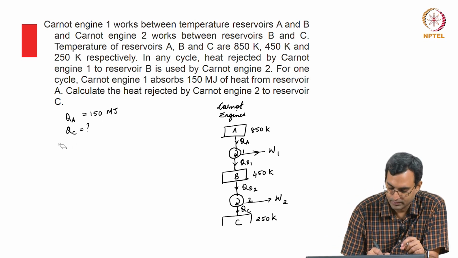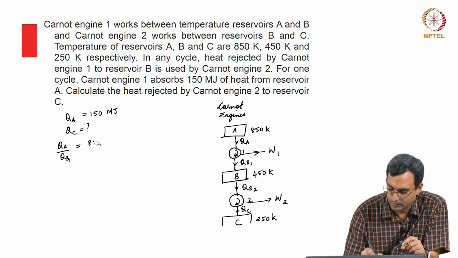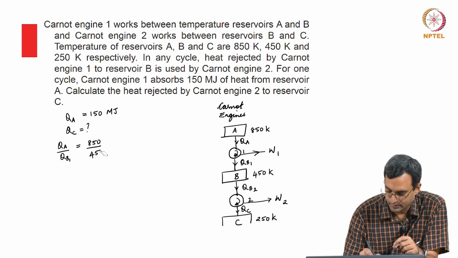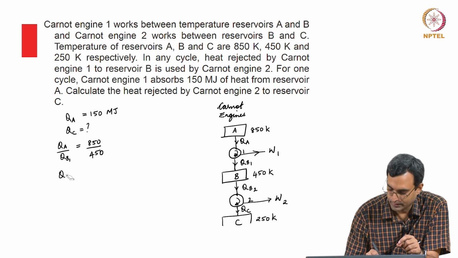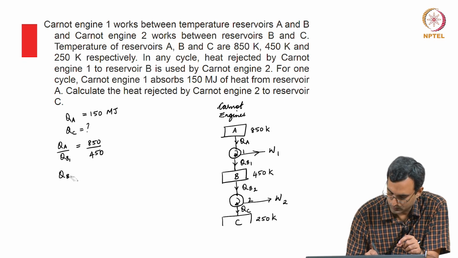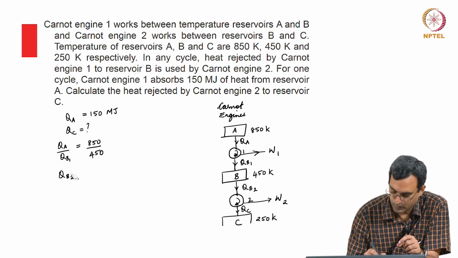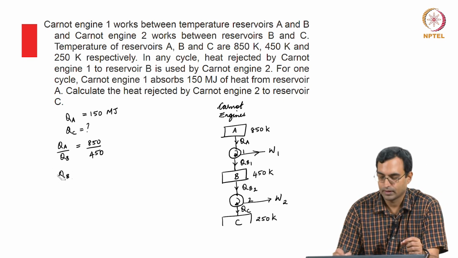So we know that QA by QB1 should be equal to the ratio of the temperatures, which is 850 by 450. Similarly, for this reversible engine, we see that QB2, which is equal to QB1, so I'll just write it as QB. I'm not taking the signs, I'm taking positive values here.